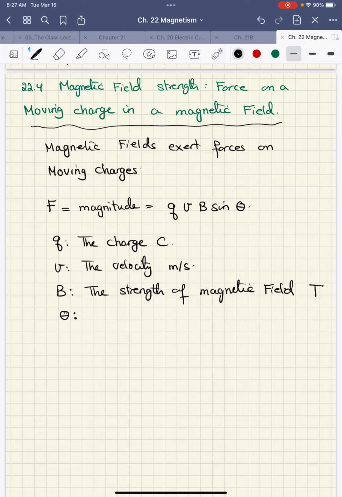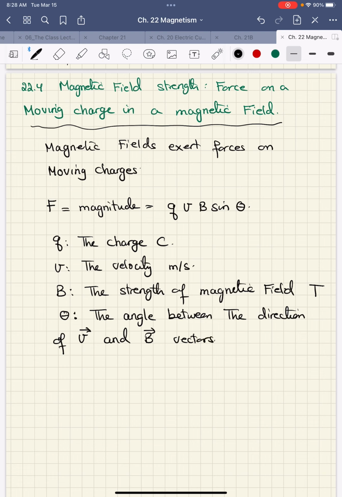Theta is the angle between the directions of the V and B vectors.